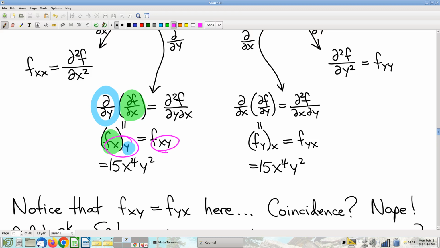If I keep those in the same order, it seems backwards, right? So let's pay careful attention to which one's where. We have the x partial on the right in the above notation, but it's on the left here. And the y partial is on the left up here, but it's on the right over there.